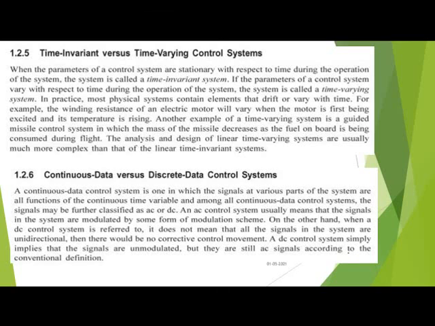An AC control system usually means signals in the system are modulated by some form of modulation scheme. On the other hand, a DC control system does not mean the signals in the system are unidirectional, that there is no corrective control movement. The DC control system simply implies that its signals are unmodulated, but they are still AC signals according to the conventional definition.